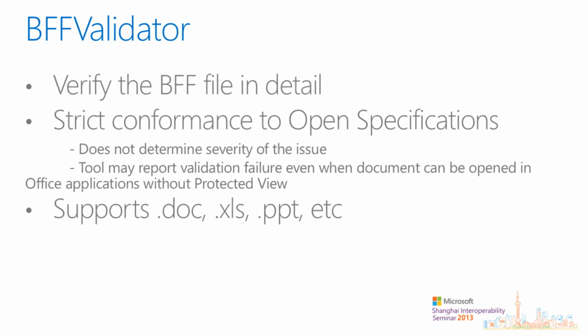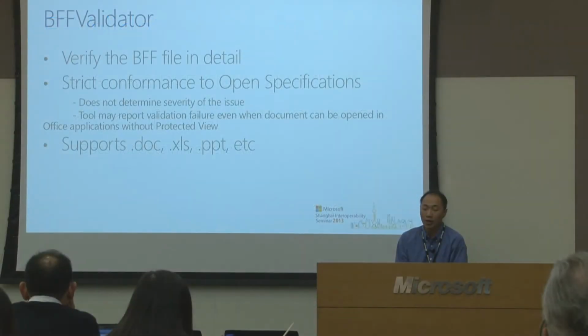The tool will detect issues with a document even though the same document can be opened in the Office application without any warning. It supports the binary file formats, the .doc, .xls, .ppt, etc.